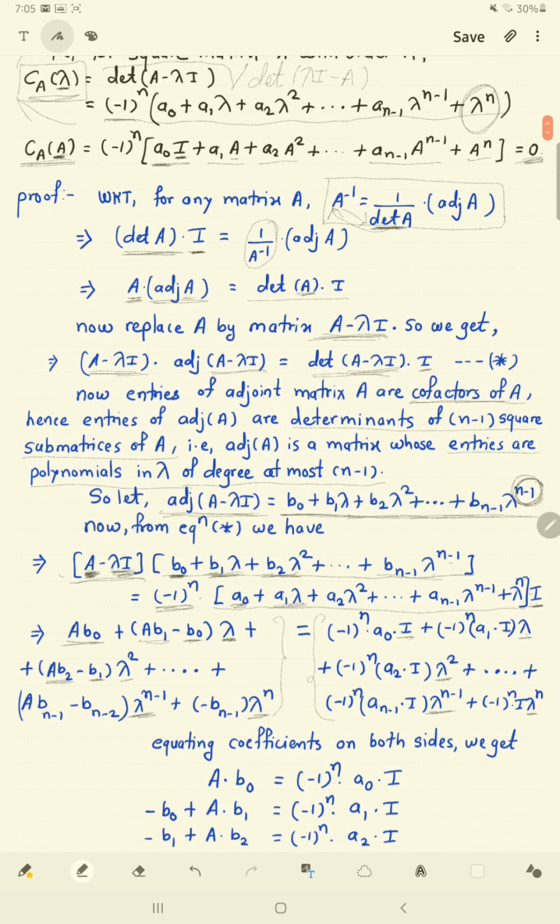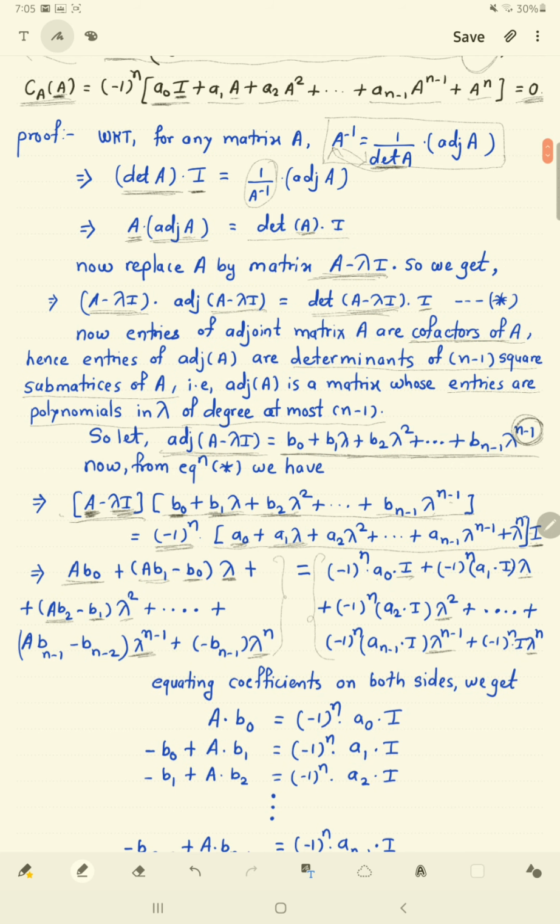Now if I equate coefficients on both sides, obviously this is constant, this constant will equate with this term, so I get A b naught is equal to minus 1 raised to n a naught I. Now here A b1 minus b naught into lambda is nothing but minus 1 raised to n a1 I into lambda.